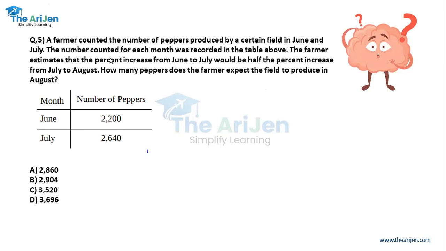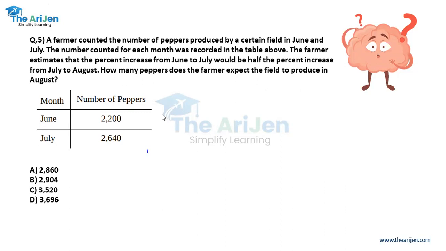Question number 5 says that a farmer counted the number of papers produced by a certain field in June and July. The number counted for each month was recorded in the table above. The farmer estimated that the percent increase from June to July would be half the percent increase from July to August. So how many papers does the farmer expect the field to produce in August?